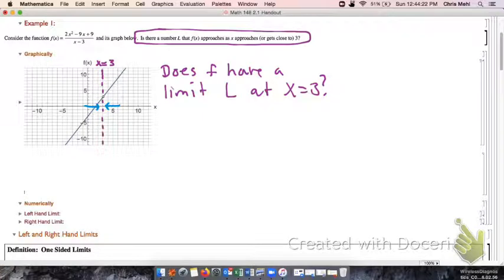And if you look at the y-axis now, if I approach 3 from the left, notice what the y values are doing. They're approaching positive 3.